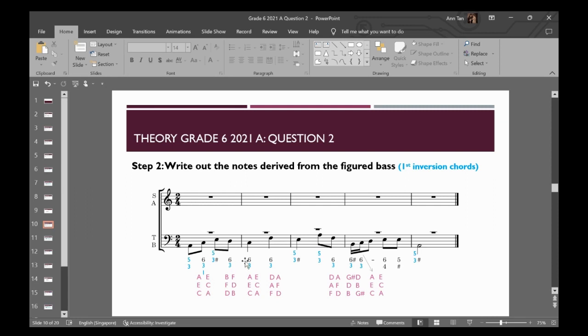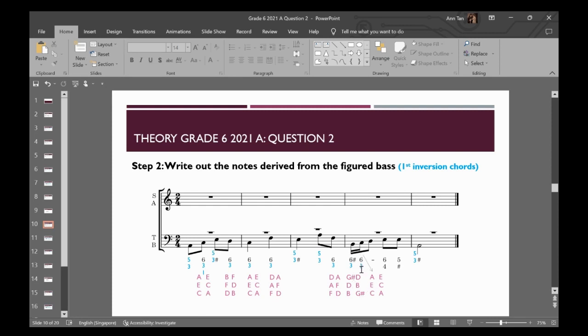We do the same for the rest of the 6-3 chords. One point to note is for this B in bar 4, we can see that there is a sharp next to 6, which means that the 6th of this chord has to be sharpened.